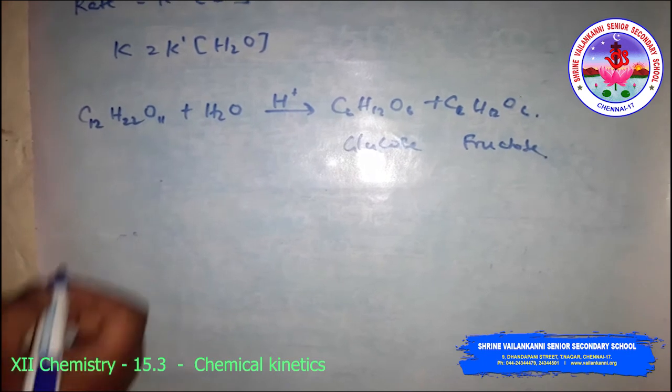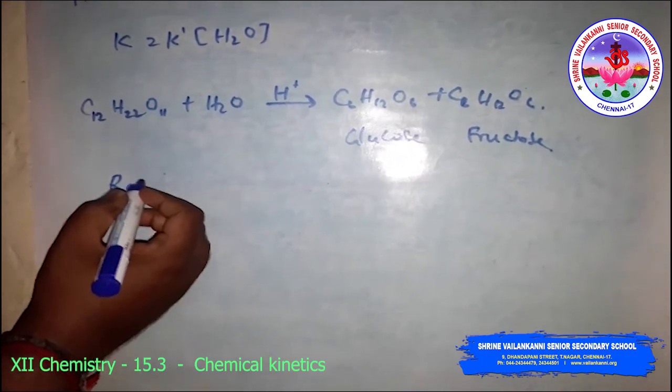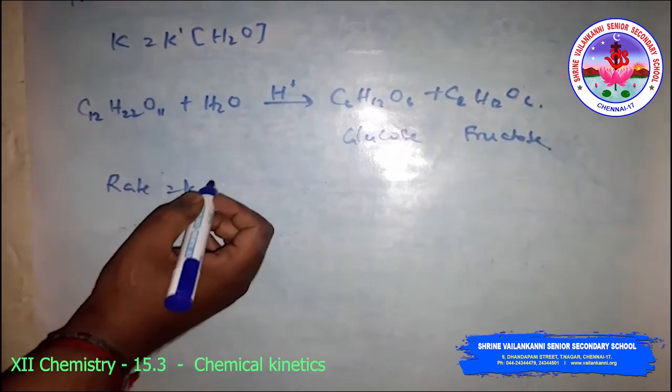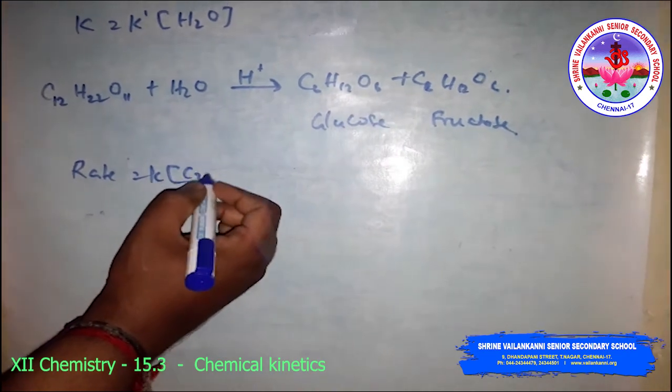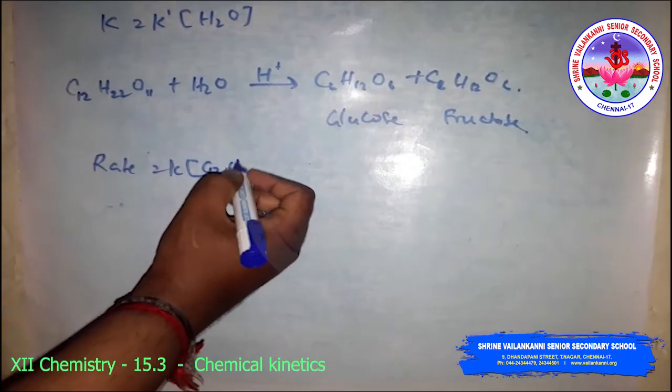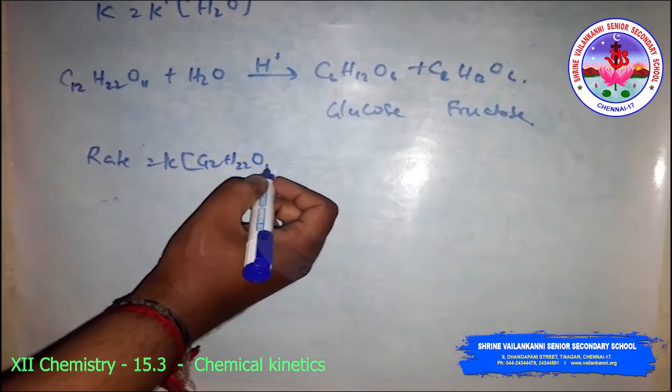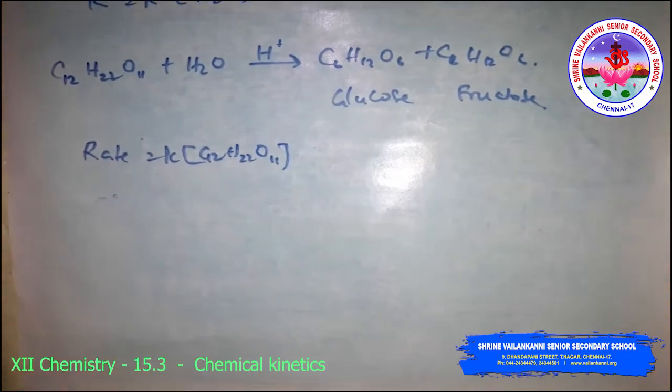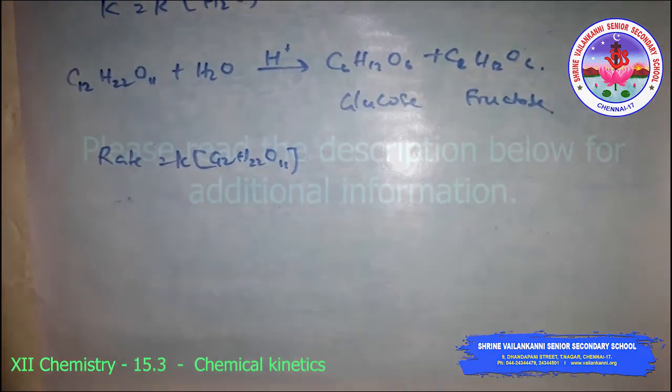Here the rate will be rate is equal to k into the concentration of cane sugar, C12H22O11. So this is called a pseudo first order reaction.